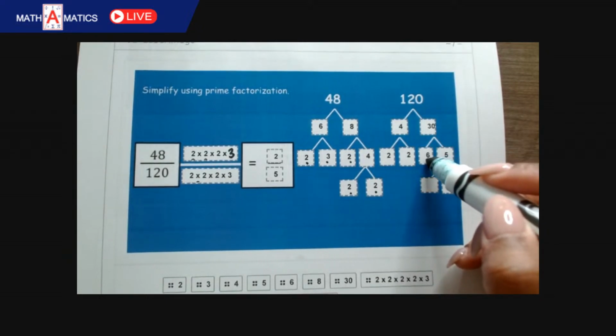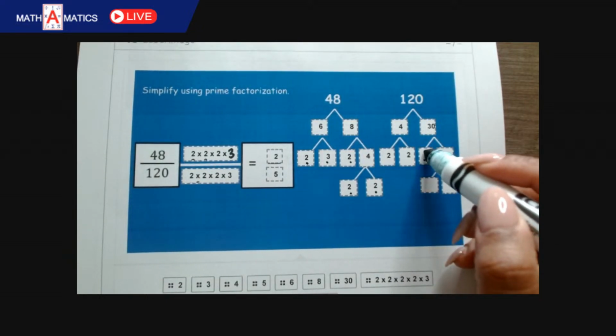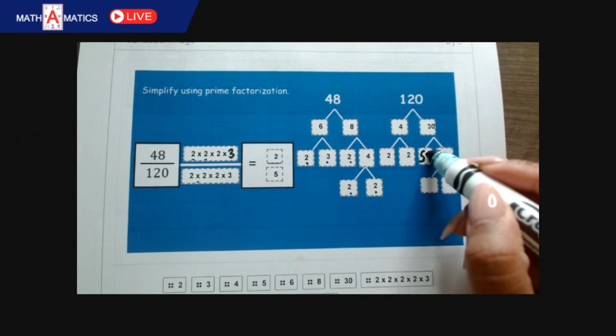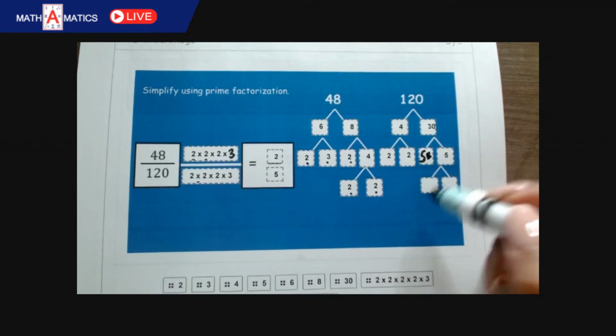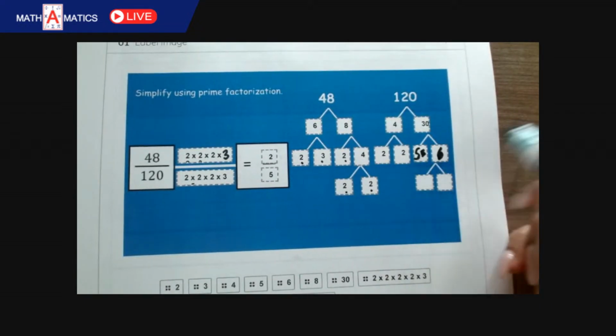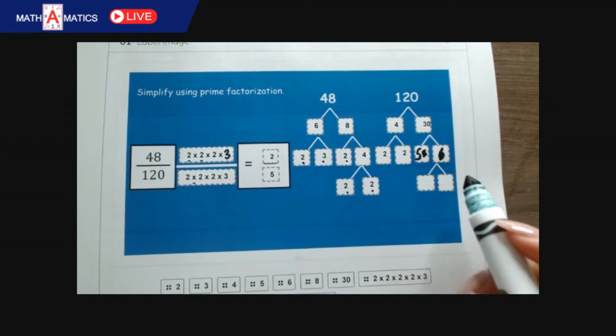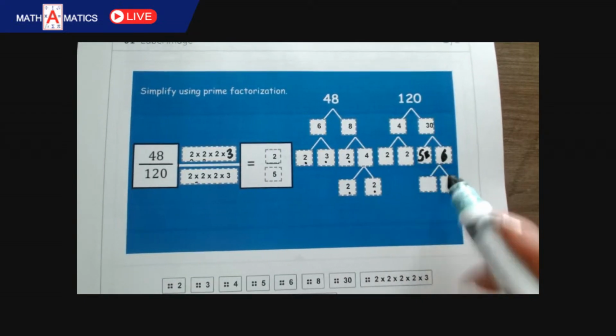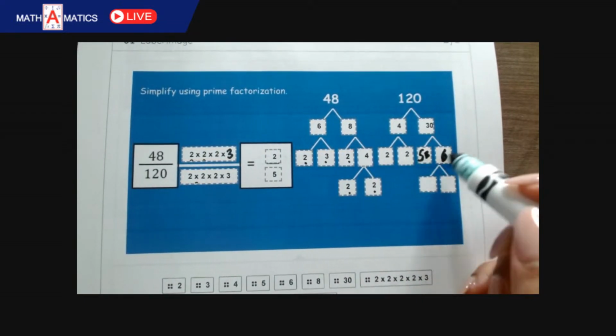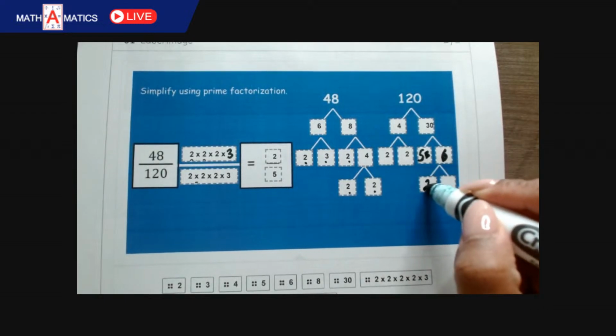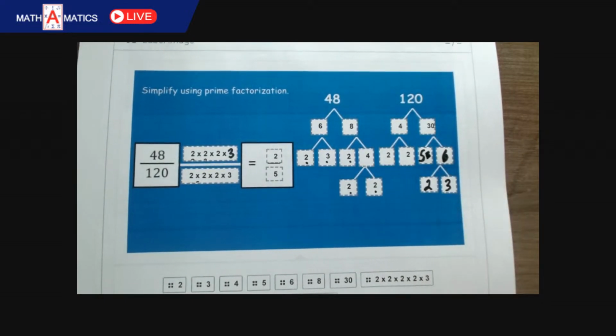I would switch and put my 5 here because the 5 is prime. So we don't need to factor it anymore. And the 6 is not prime, so we need to factor it. And so since they already have our factorization bubbles there, that means that's where we need to go. So we will put a 2 and a 3 here.